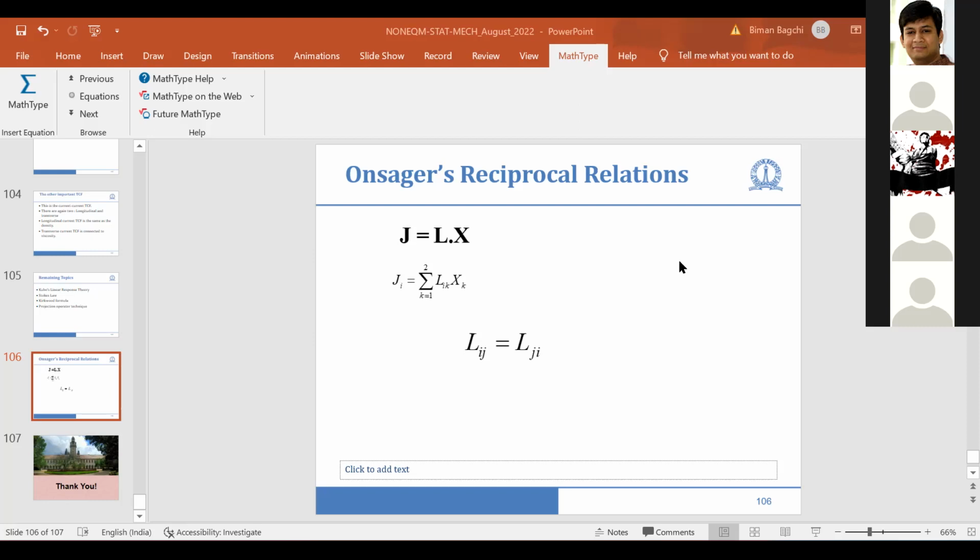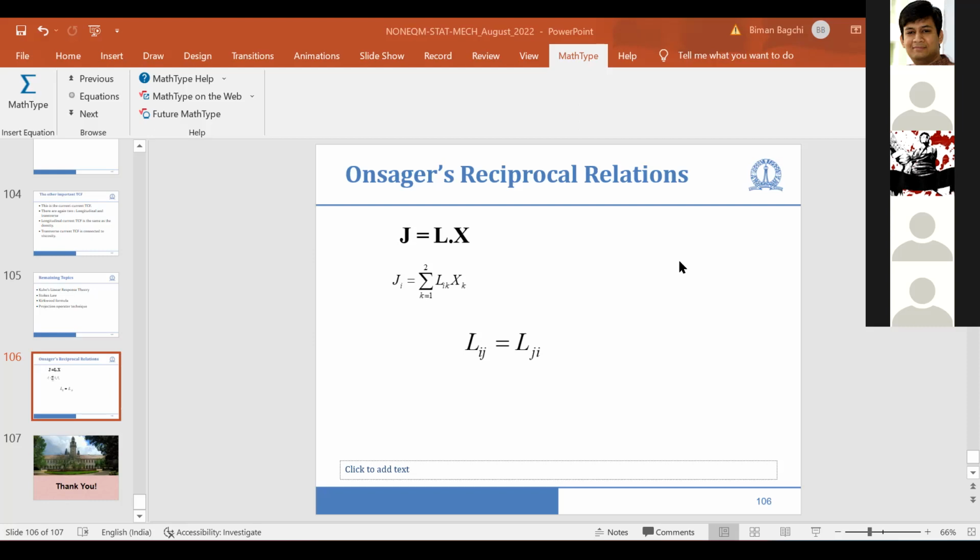So the basic idea is that the fluctuations, or time correlation function of the fluctuation, obey the macroscopic law. That is the Onsager regression hypothesis.